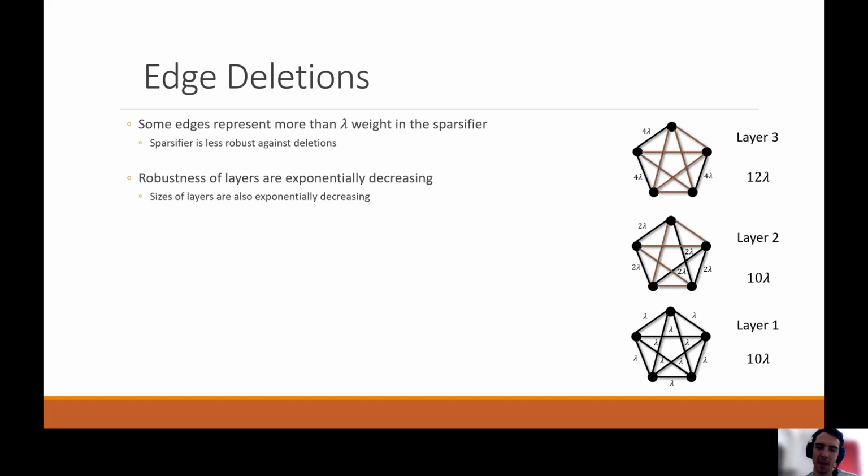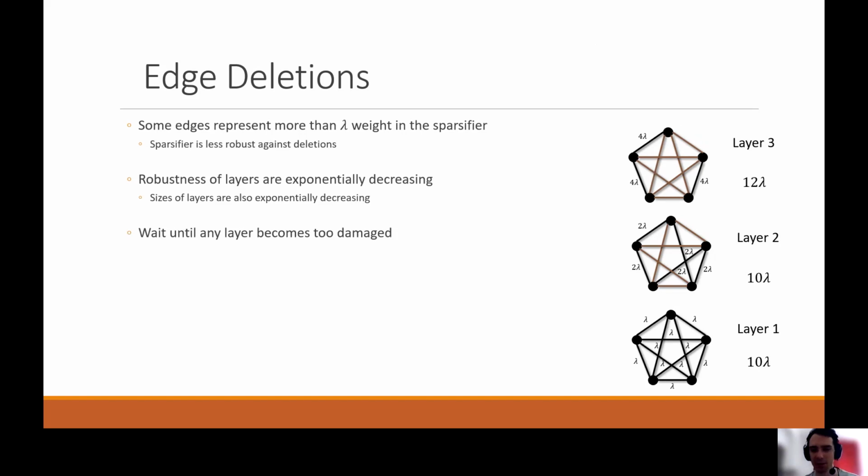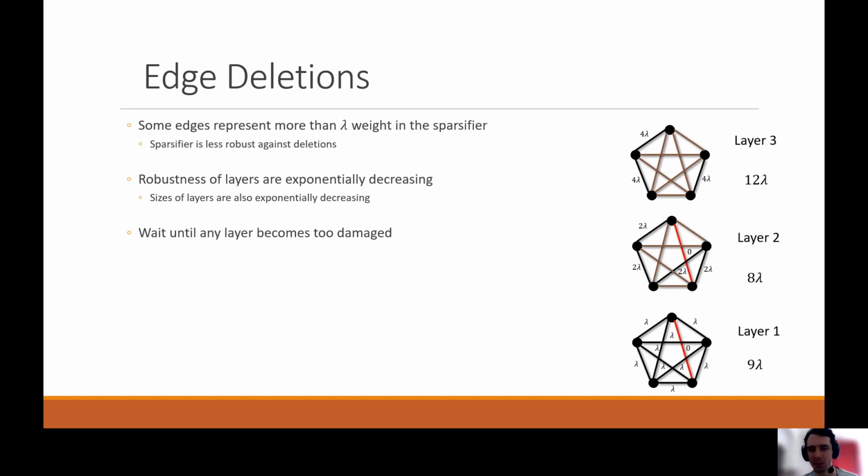The robustness will be exponentially decreasing. On the other hand, the edge set will also be exponentially decreasing, which means that amortized rebuilds will have about the same time. And essentially, this is what we're going to be doing. We will be monitoring every layer's state at any point, and if any of them becomes too damaged, we wait until that point.